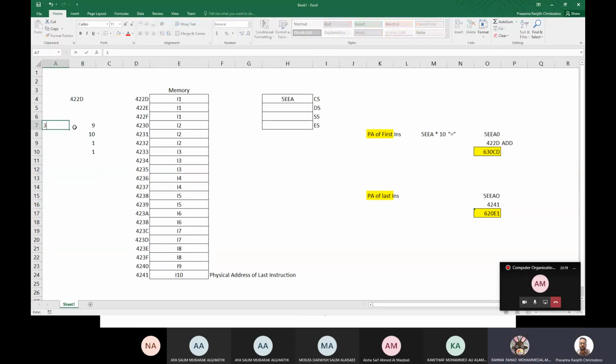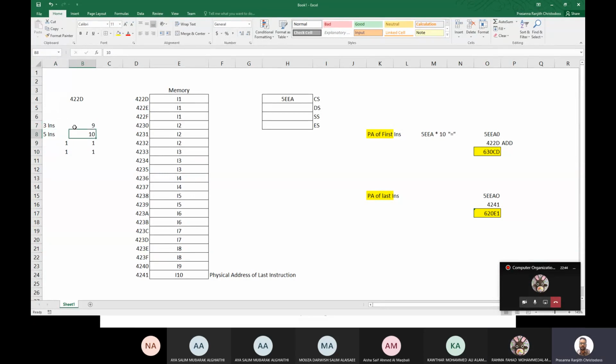3 instructions, okay? Then 5 instructions. Then the last 2. This is the 9th instruction, this is the 10th instruction. So the first 3 have 3 addresses each, so 3 into 3, 9.